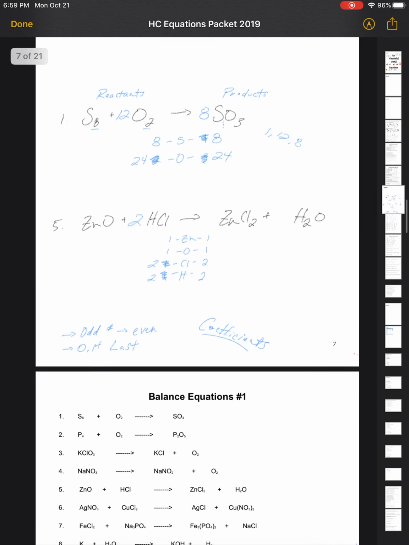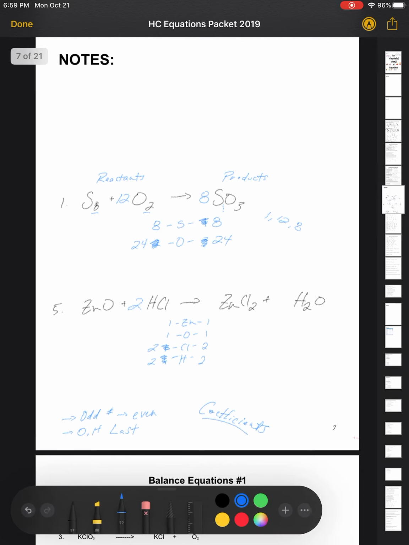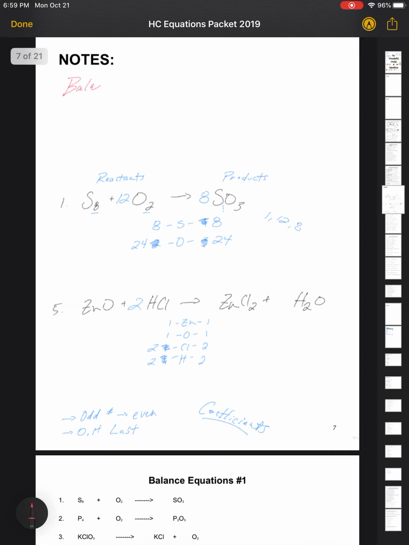But again, the main idea with this, what we're trying to understand through all of this, is that the reason we balance is in order to model conservation of matter. And if we look at what conservation of matter is, again, this is looking at the fact that matter cannot be created or destroyed.